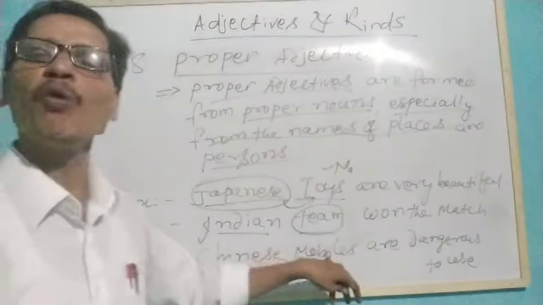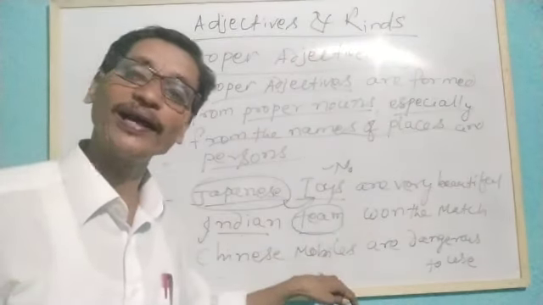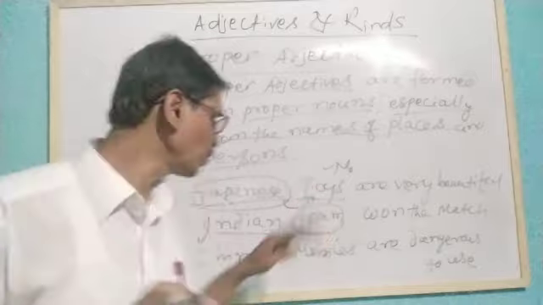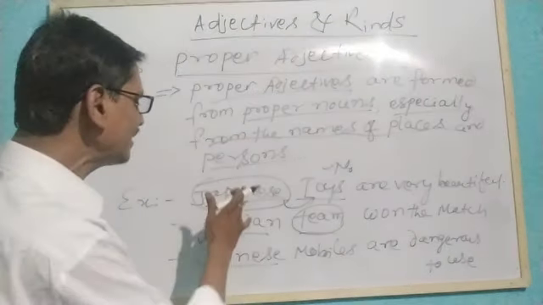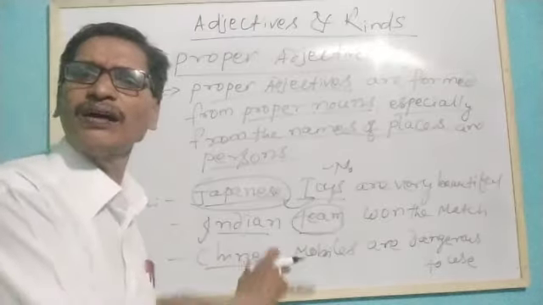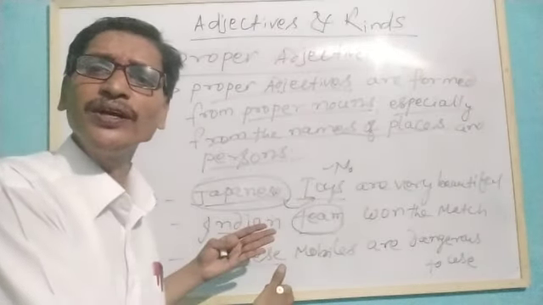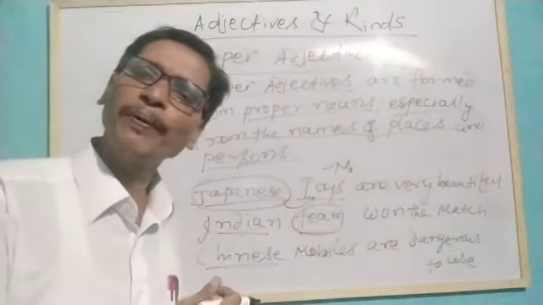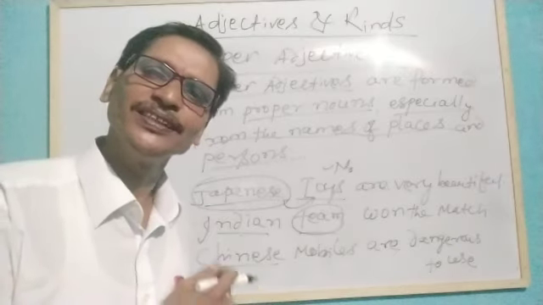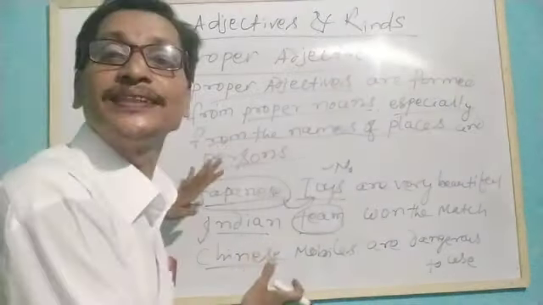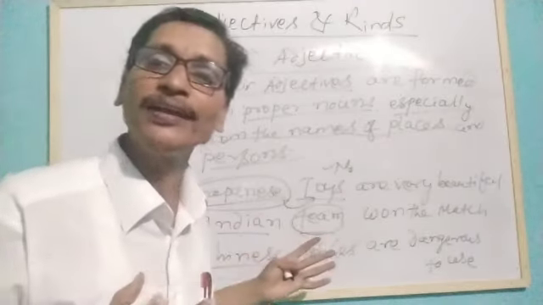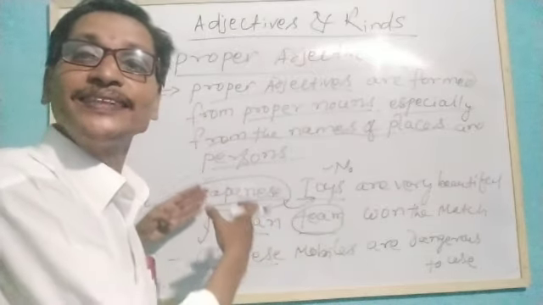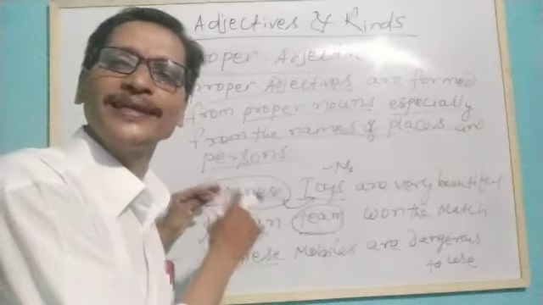Similarly, Chinese mobiles are dangerous to use these days. So we have found here the names of places or countries used as adjectives of another noun. Therefore, they are called proper adjectives. Understood? So these are the proper adjectives we have been using often, knowingly as well as unknowingly. So now we understood what are called proper adjectives.